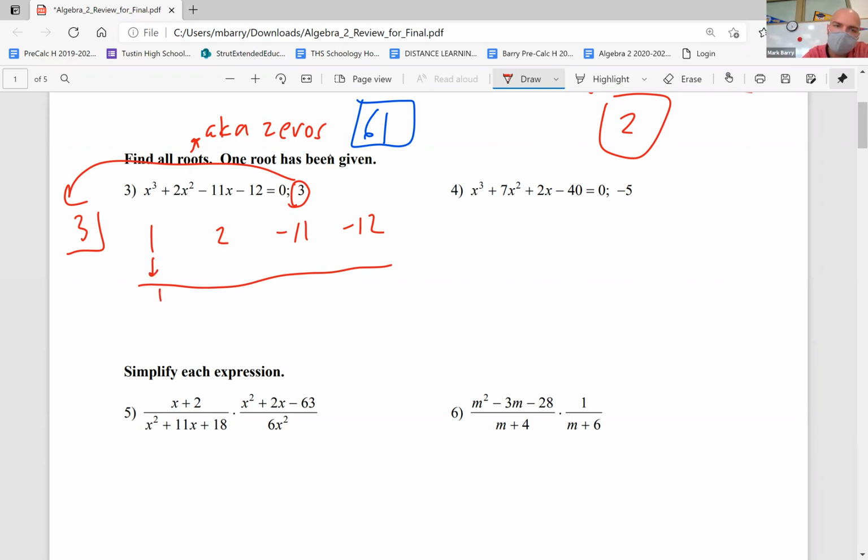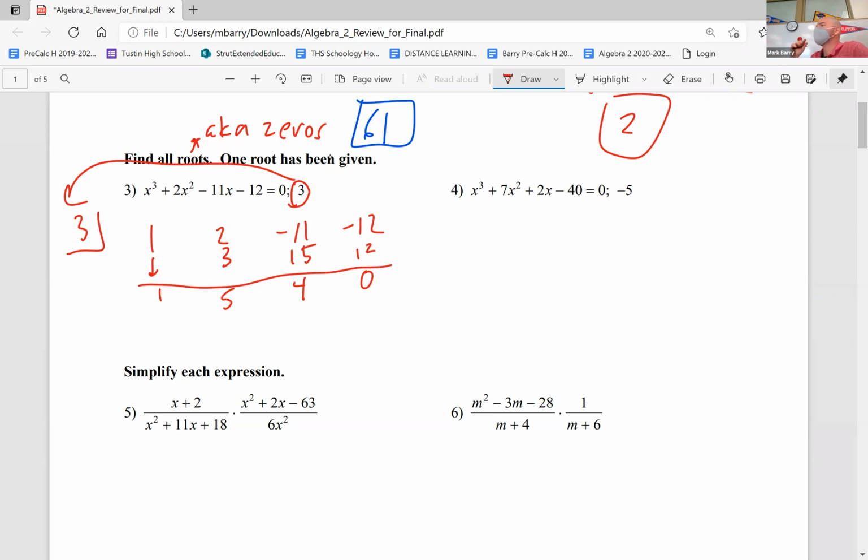So I'll bring down the 1, multiply by 3, add down is 5, multiply by 3 is 15, add down is 4, multiply by 3 is 12, add down is 0. Okay. So that proves that 3 is a root, but we're actually not done yet, okay?